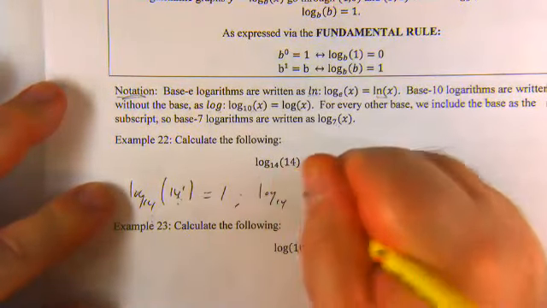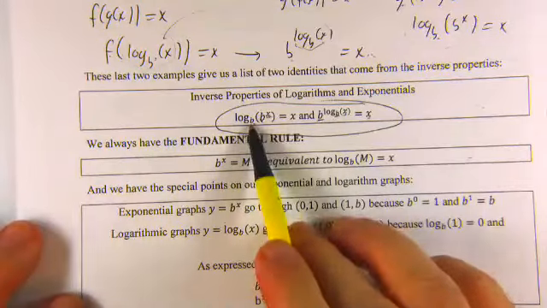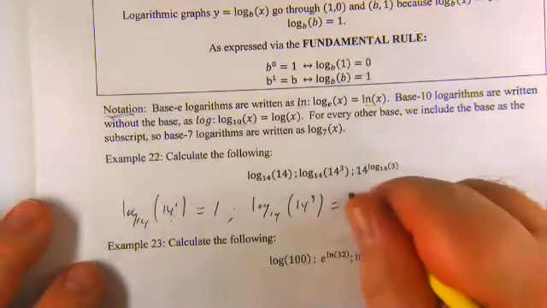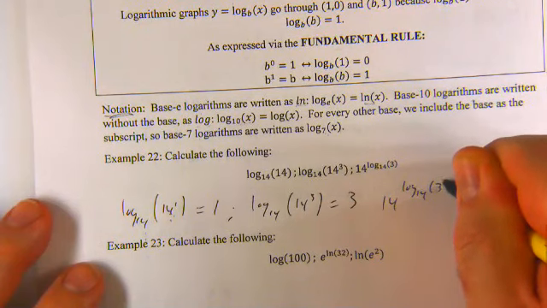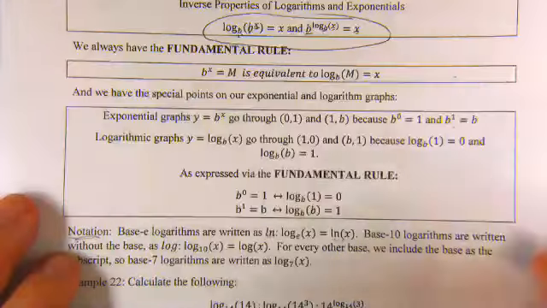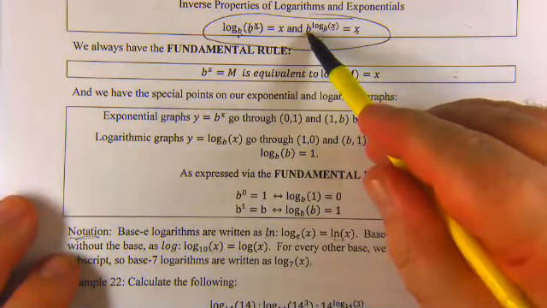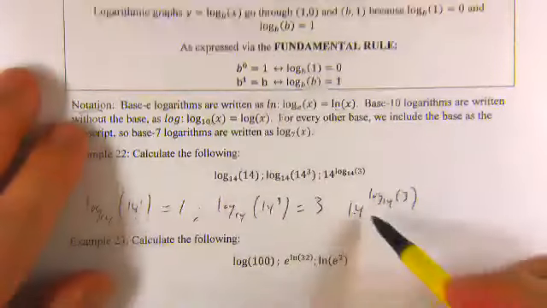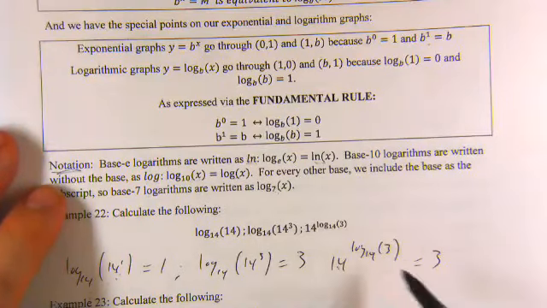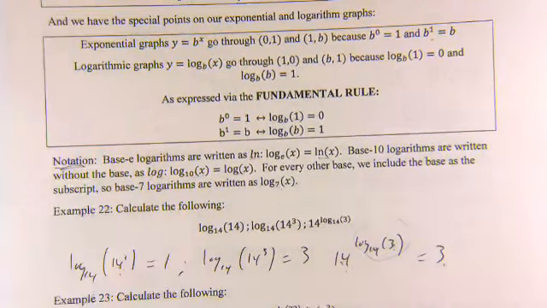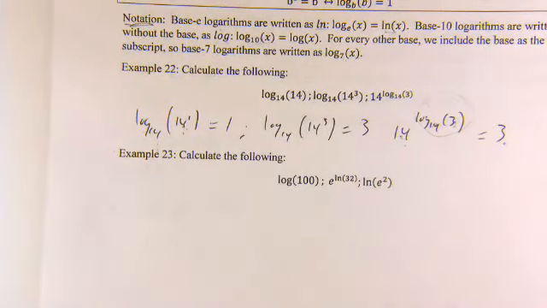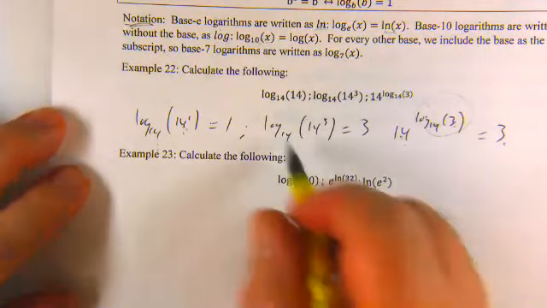Log base 14 of 14 cubed, that's just going to be 3 because it's just the power. 14 to the log base 14 of 3, same base here and here, so it's going to be 3. This number, log base 14 of 3, is the power that 14 is raised to get the output 3. Okay. So you have to be a little bit careful in dealing with logs with the notation here.